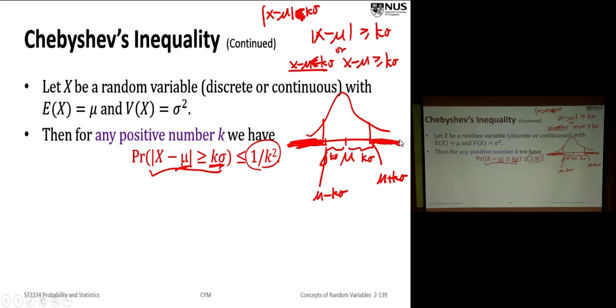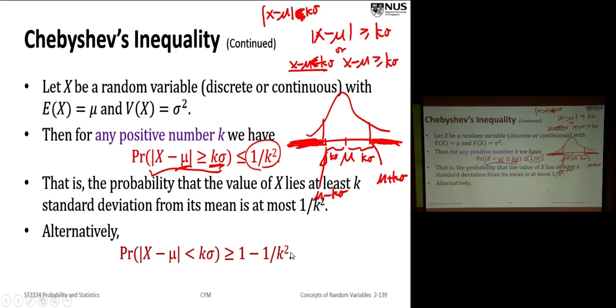All right, alternatively, you can say that within this k sigma, the probability is at least 1 minus 1 over k squared. To make sense, what happens if k equals 1?